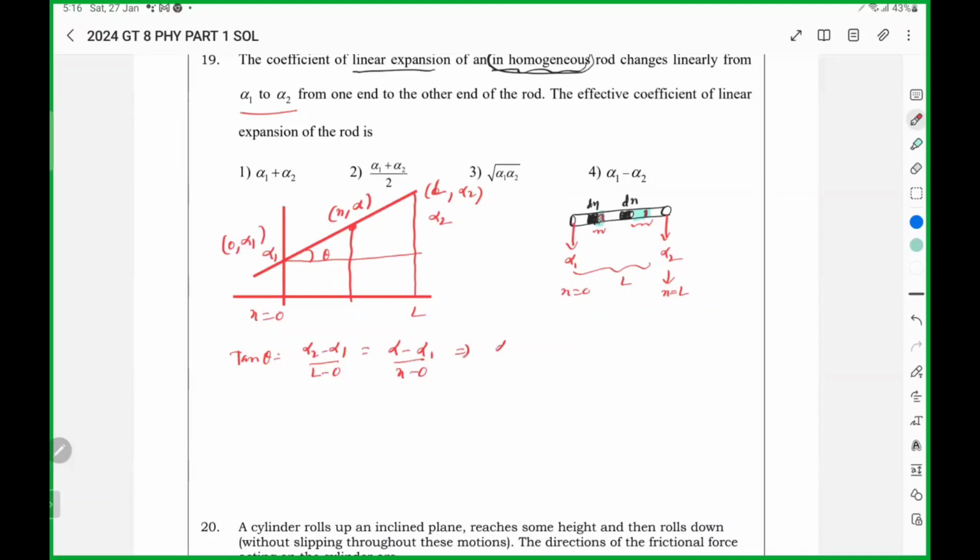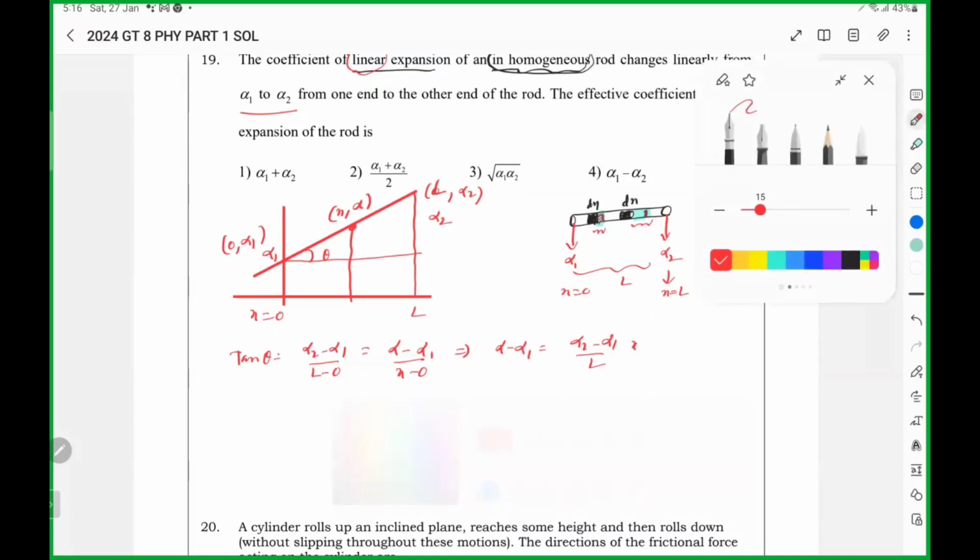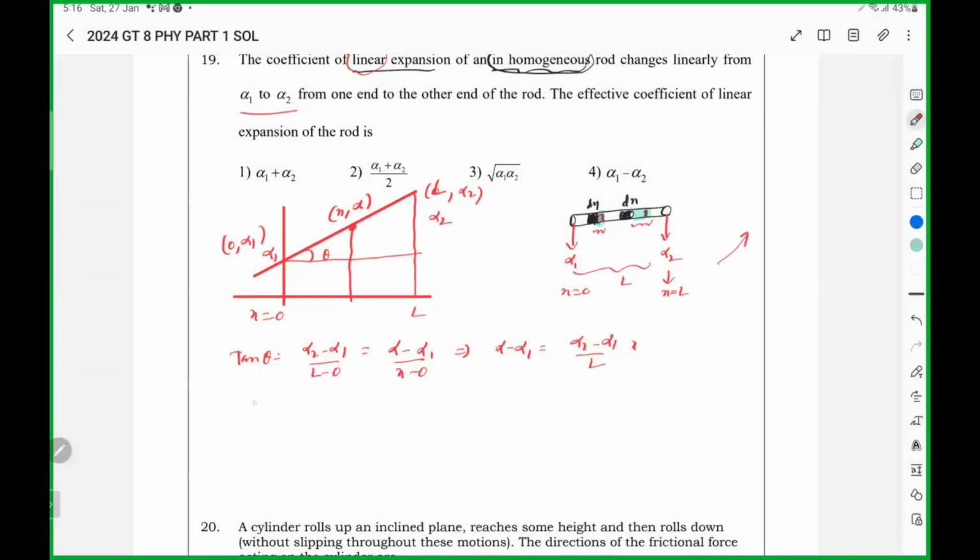So from here alpha minus alpha 1 is alpha 2 minus alpha 1 by L into x. So here linear, in a straight line, that is the meaning. So here alpha will be alpha 1 plus alpha 2 minus alpha 1 by L into x.